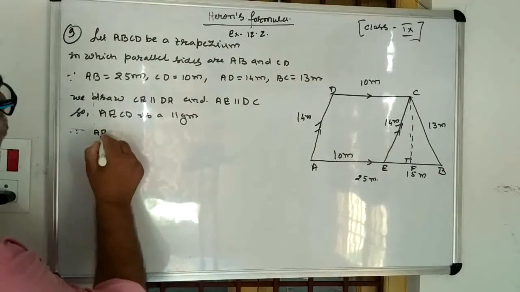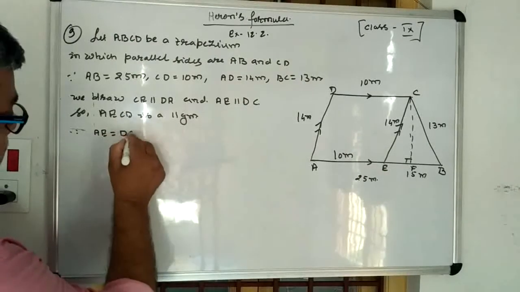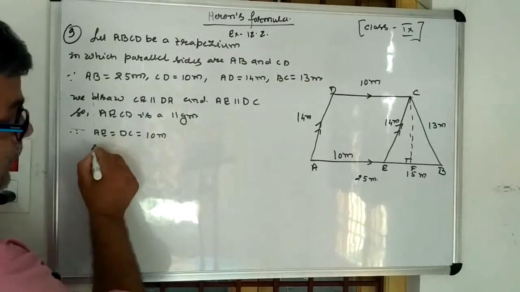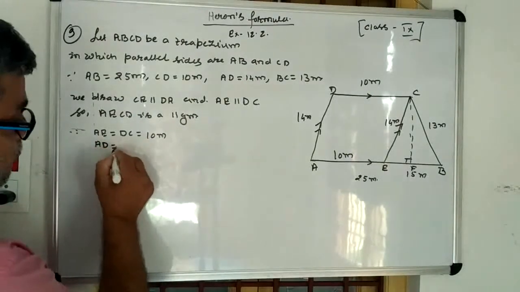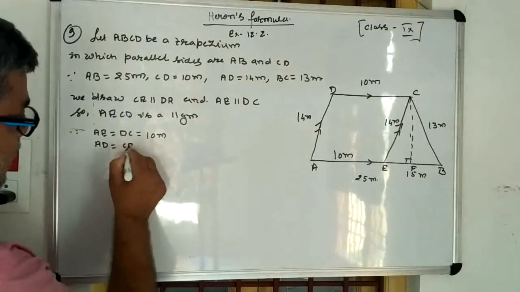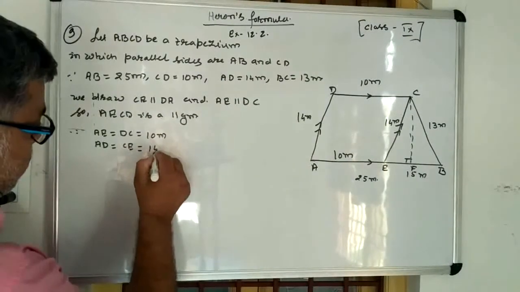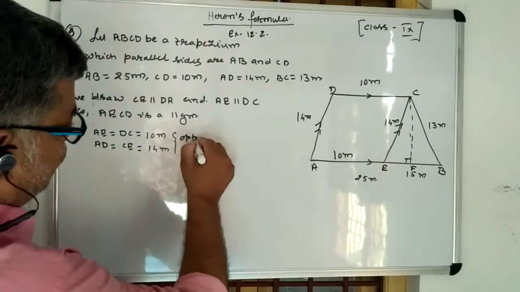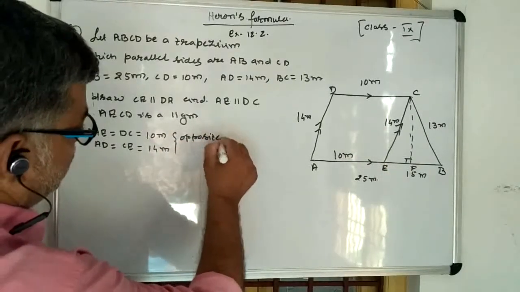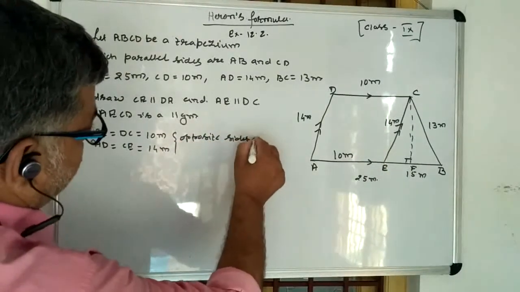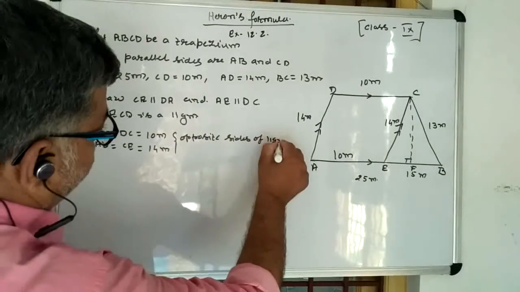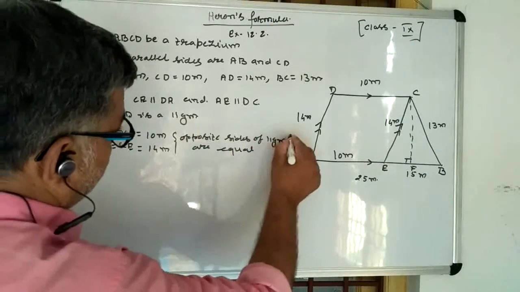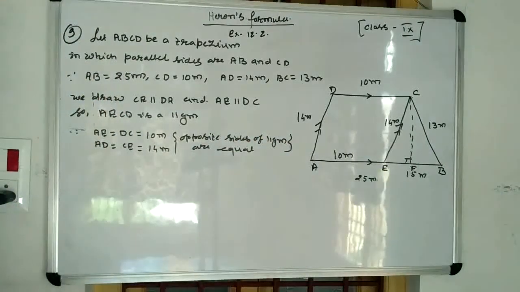Therefore, AE equals DC equals 10 meter and AD equals CE equals 14 meter. The reason is that opposite sides of a parallelogram are equal. So in this way these two sides are equal.